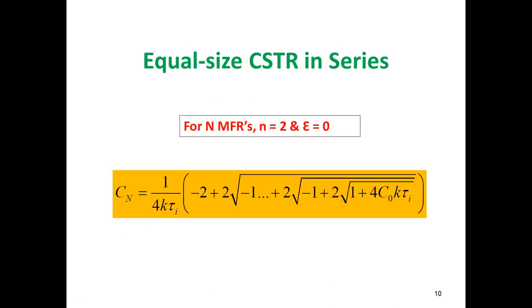Now, if we have equal size CSTRs in series for n MFRs, and for the order of the reaction equal to 2, still constant density, because we don't have here expansion, or the, shall we say, the epsilon, the fractional conversion from 0% conversion to 100% conversion divided by volume at 0% conversion.